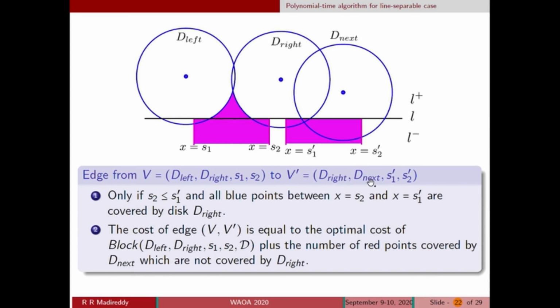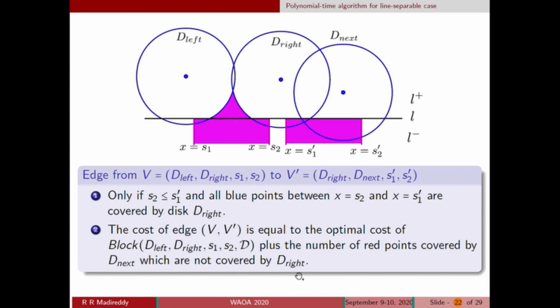And the cost of this edge is equal to the optimal cost of this block between d left and d right, that is covering all the blue points, plus the number of red points covered by d next which are not covered by d right.